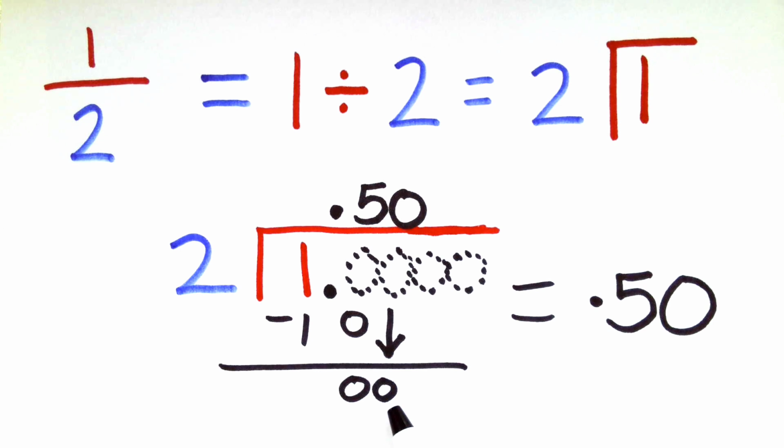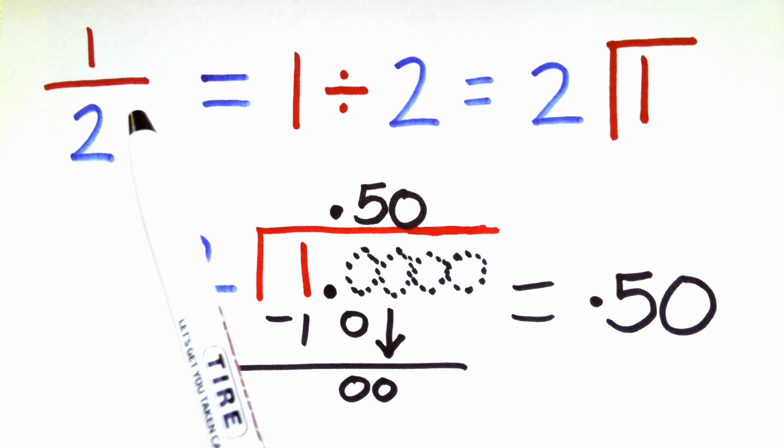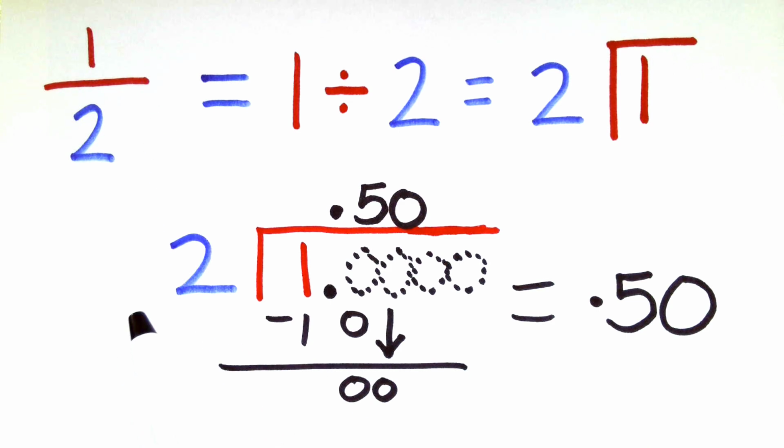I'm going to bring down my next 0. 2 times what number gets me 0? Of course, 0. So I'm going to put a 0 right next to that 5. So here you can see the decimal form, 0.50, of the fraction 1 over 2, or 1/2.